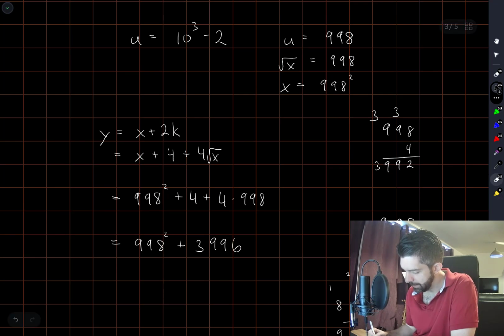Okay, so x is allowed to be any number from 1 up to 997. 998 will give us a value of y equal to 1,000,000, but we're told that y is strictly less than 1,000,000. So x can be from 1 to 997.